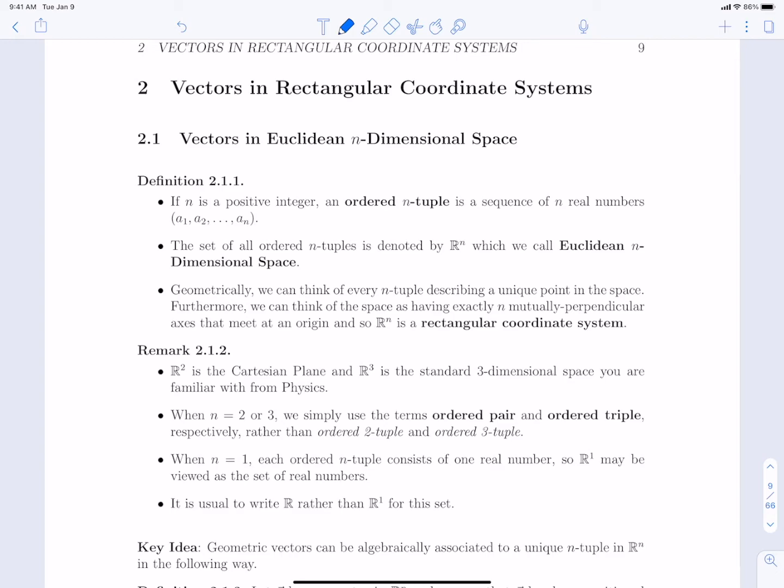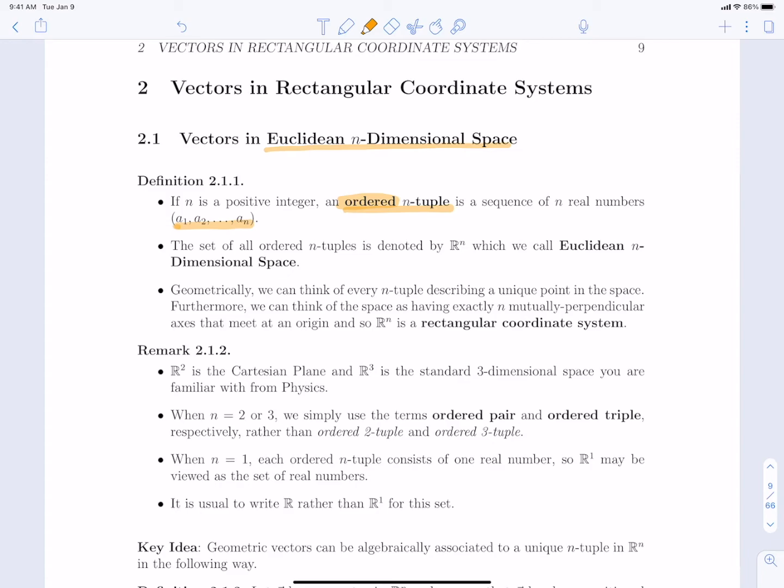So when we start talking about vectors in Euclidean n-dimensional space, the idea is that we can actually start giving these vectors real number components, and we call these ordered n-tuples, and they're made up of components that are real numbers. But here I just want to emphasize the word ordered. The order of these real numbers inside the brackets is going to be essential. Change the order, you've got a different vector.